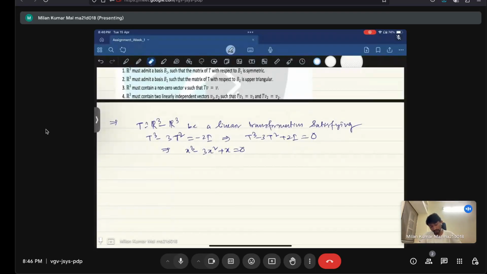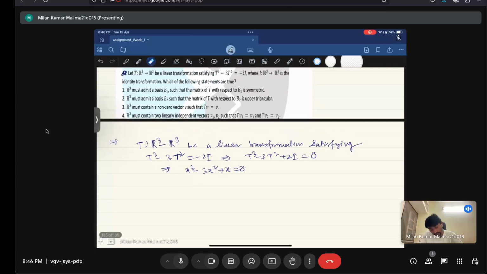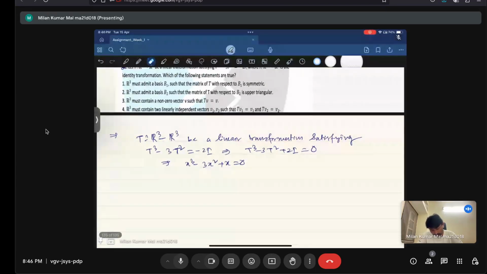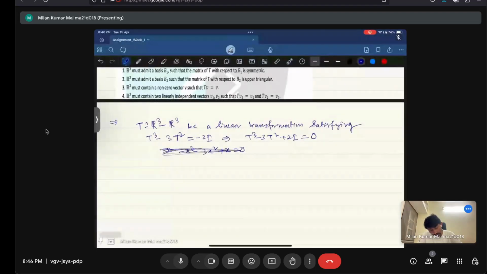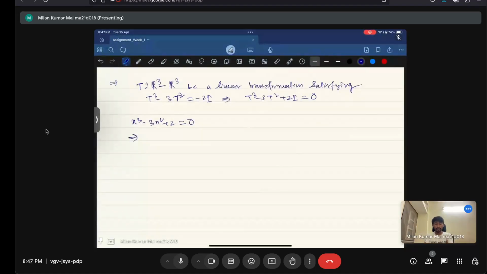T satisfies this equation. So this is the minimal polynomial condition. T satisfies the conditions. So note that x cubed minus 3x squared plus 2 equals 0. If I consider this polynomial, we can see x equals 1 is a solution.